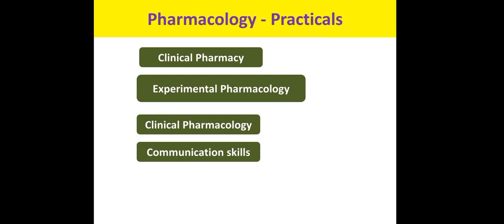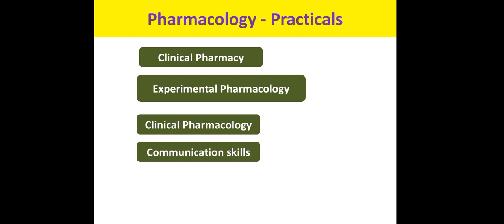And here again I want to clarify that in experimental pharmacology we are not doing experiments on animals; we are just discussing and observing experimental graphs showing the effects of the drugs.